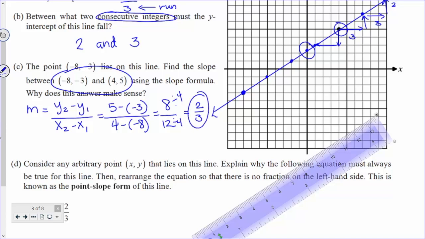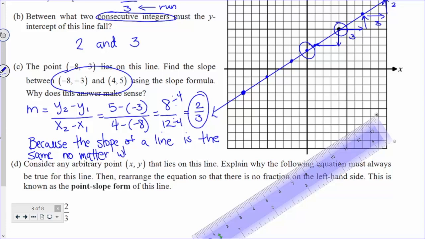Why does this answer make sense? Because the slope of a line is the same no matter which 2 points you pick.